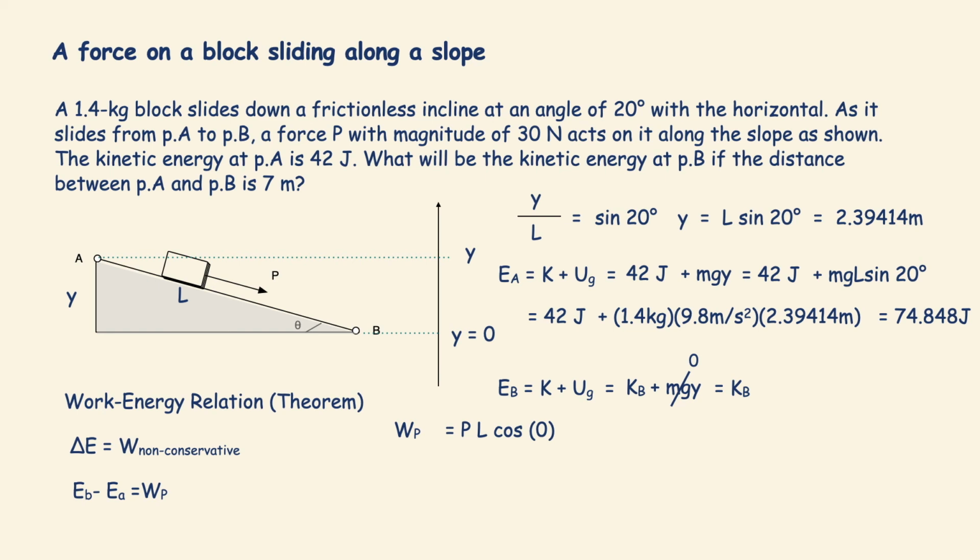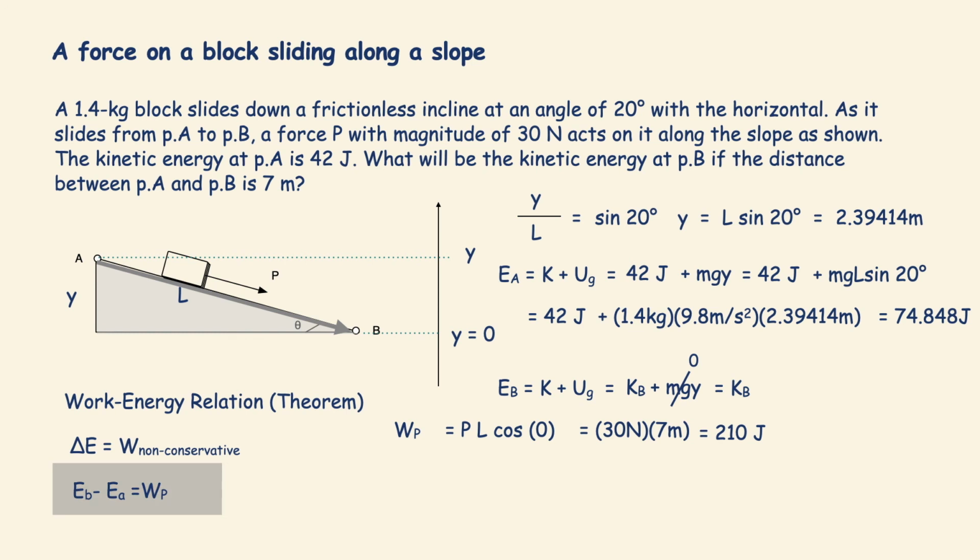In this case, the displacement is down the slope, and so is the force P. So the angle between them is 0, and I have written it here as cosine of 0. So that expression numerically will be 30 newtons times 7 meters times cosine of 0, which is 1, and ultimately the work of the force P is 210 joules.